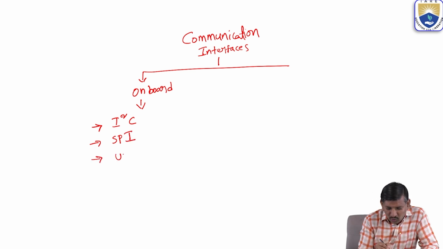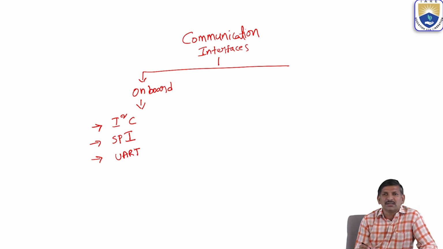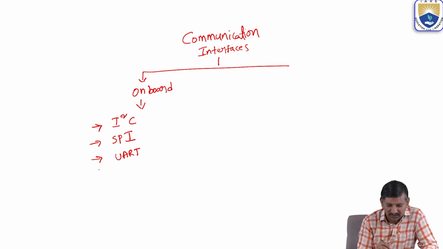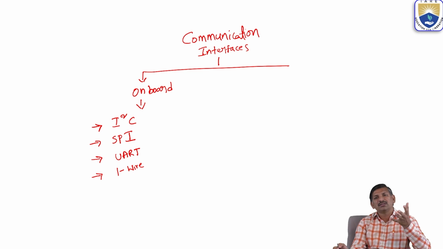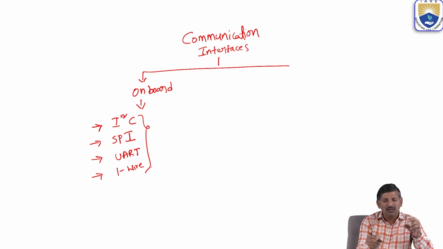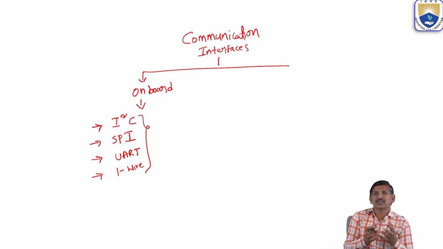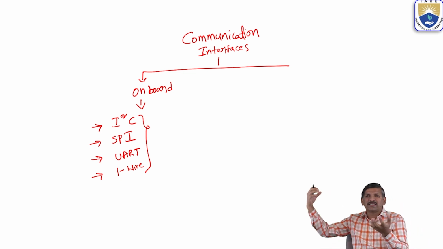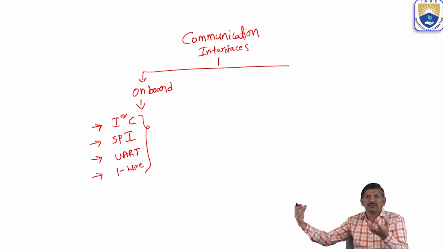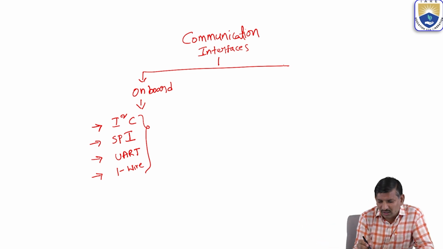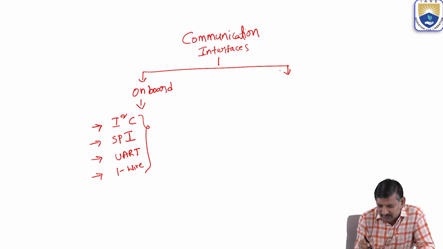Next, UART, Universal Asynchronous Receiver and Transmitter. Next, one wire communication. These are the examples for onboard communication interfaces. Next, if you want to provide communication from the PCB to external peripherals, at that time we require off-board communication interfaces.